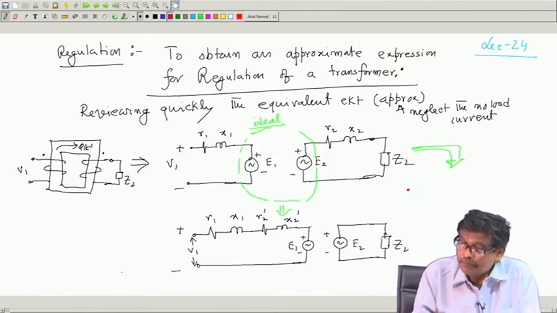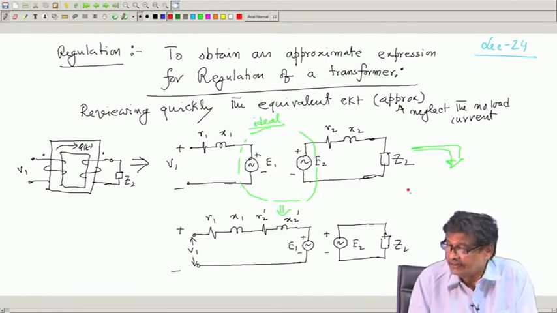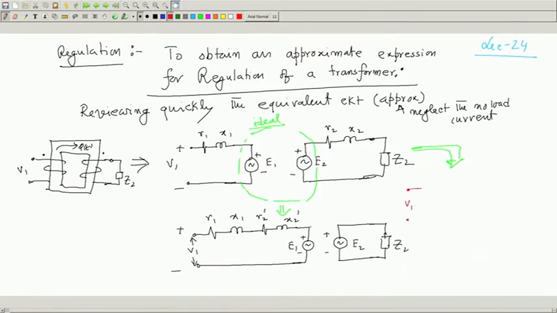You can show all the impedance on the other side, that is, here it is V1. Here you show E1, you pretend this is your E1, this part is ideal, and here is another source E2, plus minus.